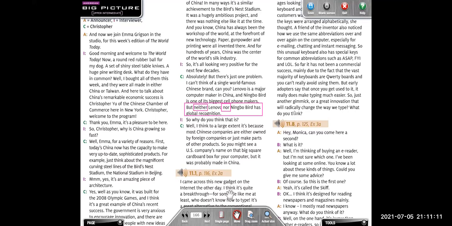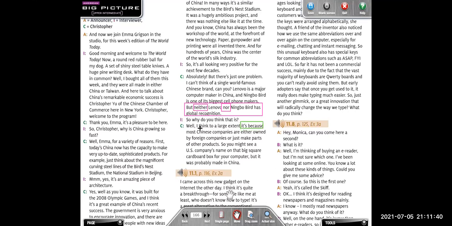In the last paragraph of Christopher. Okay. So which one? In the second line of the last paragraph. Can you read it? It's because most Chinese companies are either owned by foreign companies or just make parts of other products.